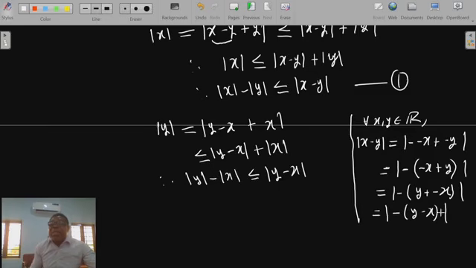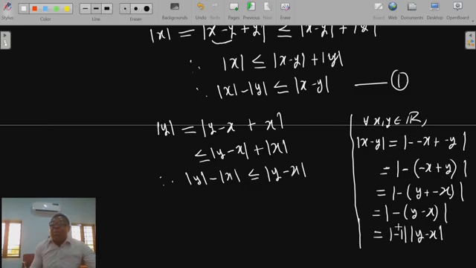I'm doing this intentionally, not that I cannot just simply jump that this is equal to this and continue. No, I'm doing it intentionally so that everybody will be carried along. So this is equal to absolute value of minus 1, then absolute value of y minus x.